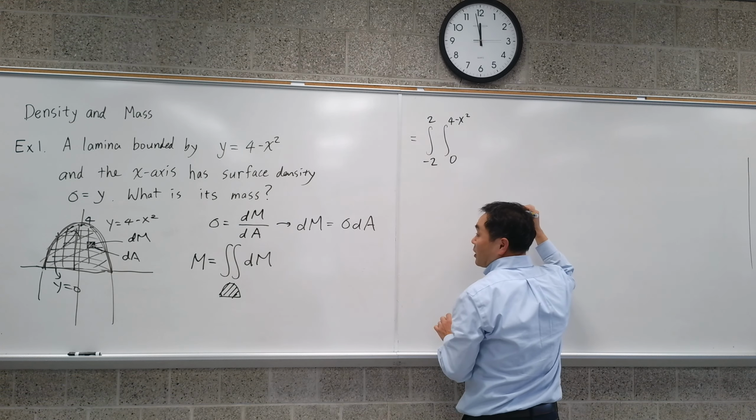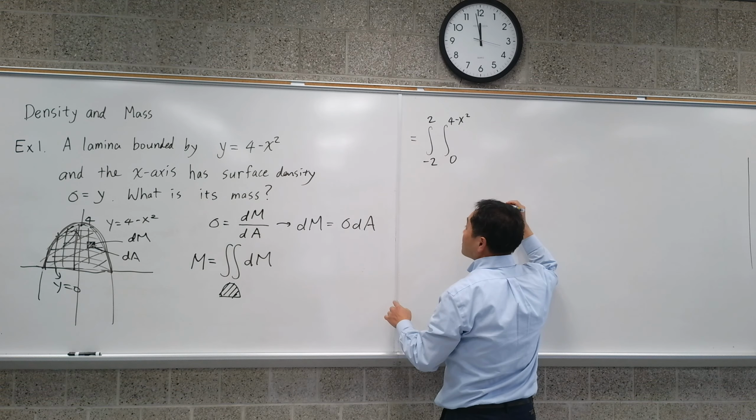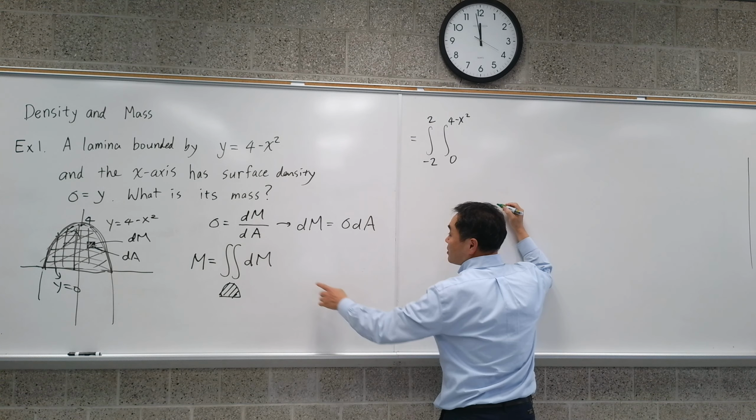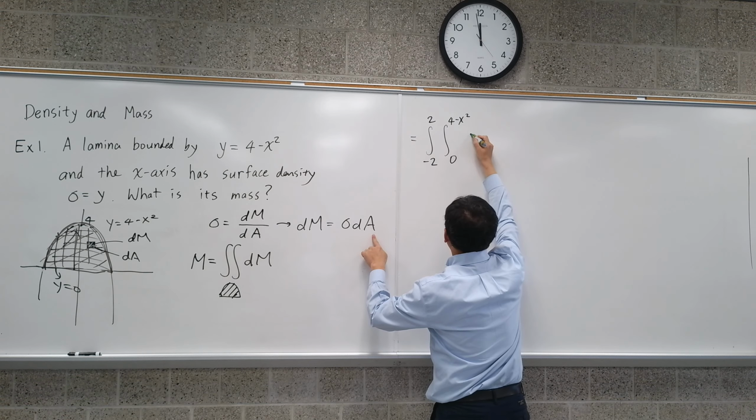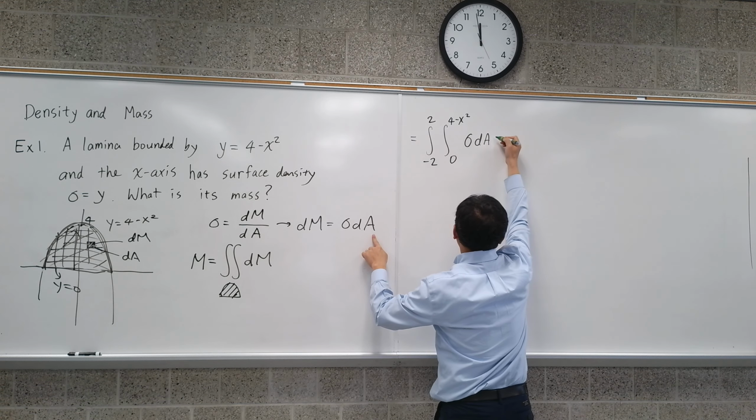Okay? And then dm is sigma dA, right? So we're going to put sigma dA.